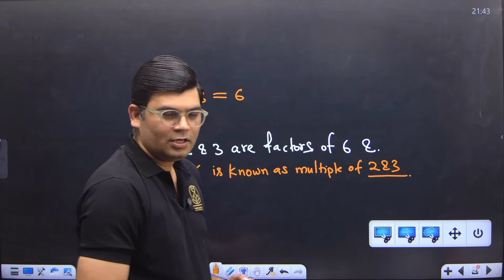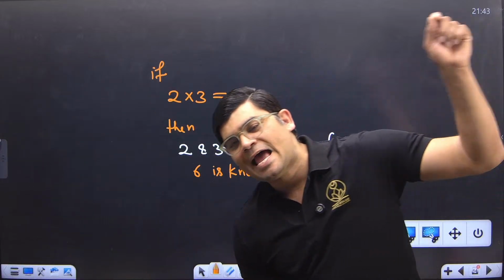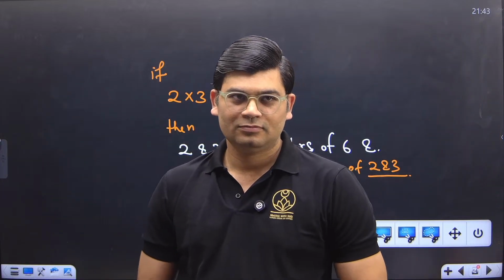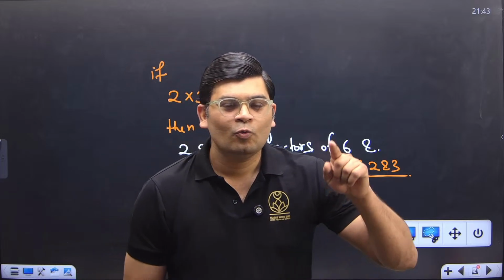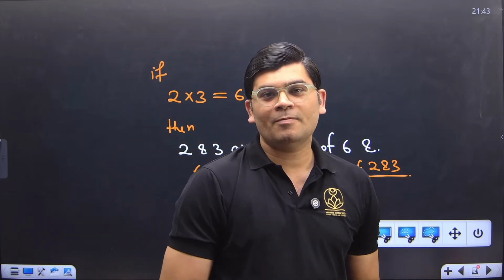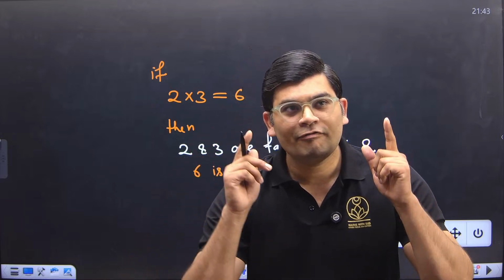Understood? A number which can exactly divide another number is known as a factor of that number.